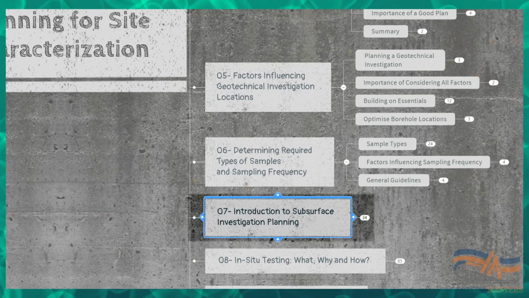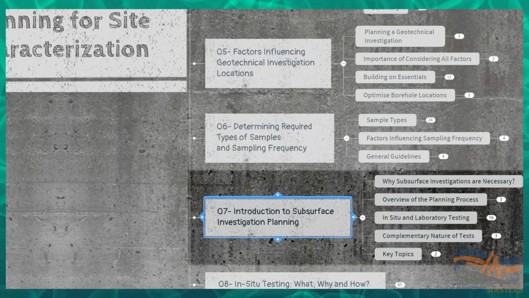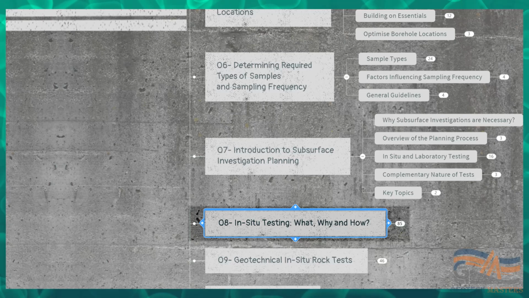Episode 7, Introduction to Subsurface Investigation Planning. We'll revisit the fundamental reasons why geotechnical subsurface investigations are absolutely essential and outline the overall planning process. Episode 8, In Situ Testing, What, Why, and How.